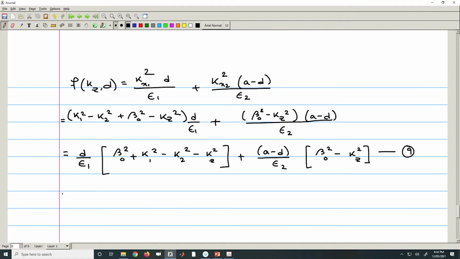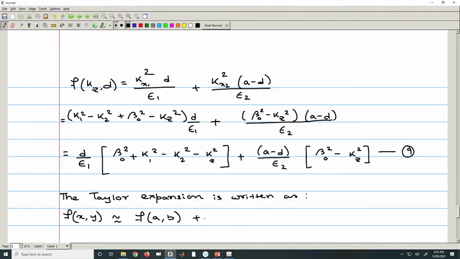The Taylor expansion can be written like f of x comma y is approximated as f of a comma b plus f_x at (a, b) times (x minus a) plus f_y at (a, b) times (y minus b).